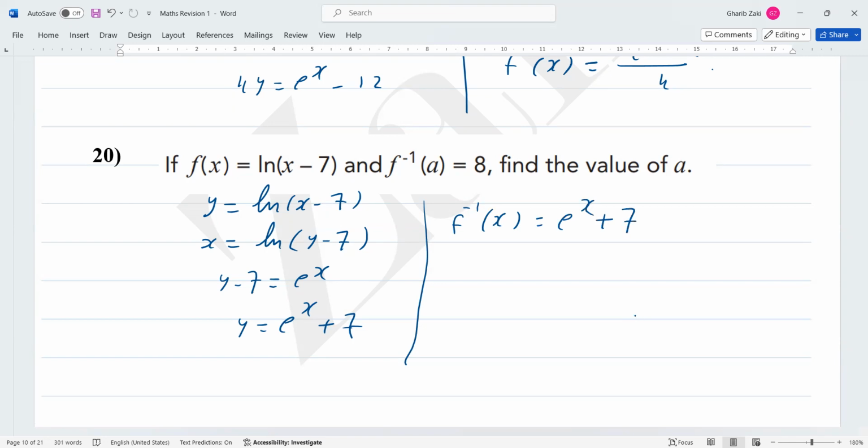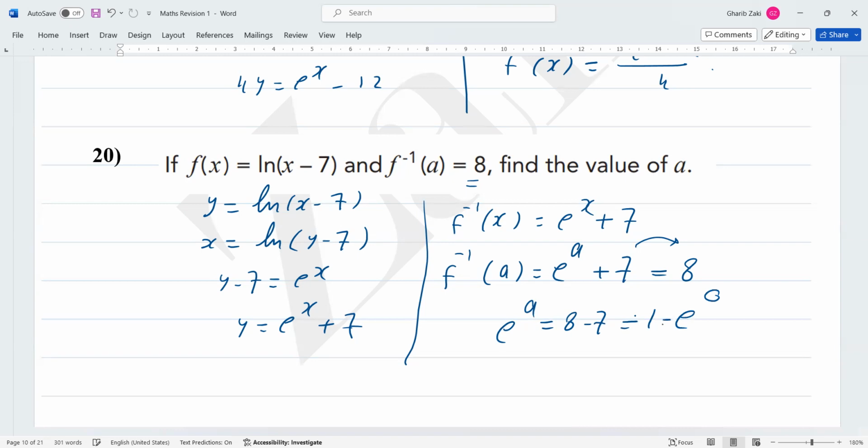He said f inverse of a, then we replace x by a. So f inverse of a equals e power a plus 7. He said equals 8, so this equals 8. Shift 7 to the other side, so e power a equals 8 minus 7 equals 1. 1 is e power 0. Then a equals 0. Okay, guys?